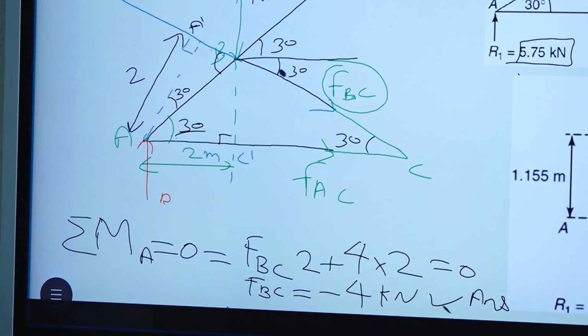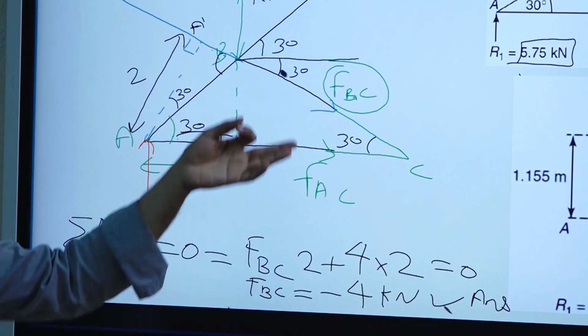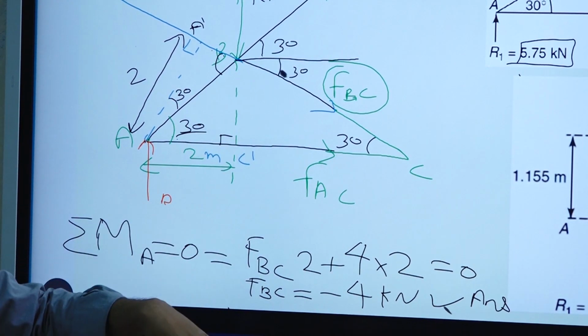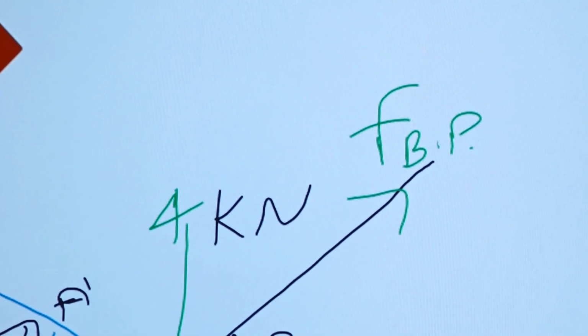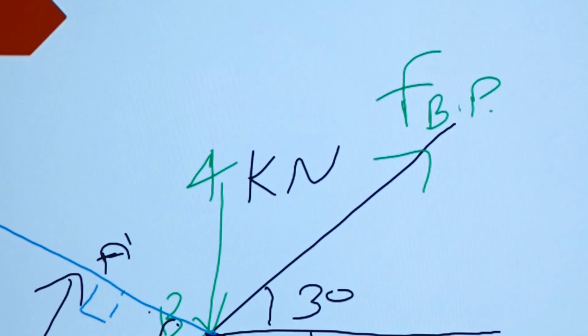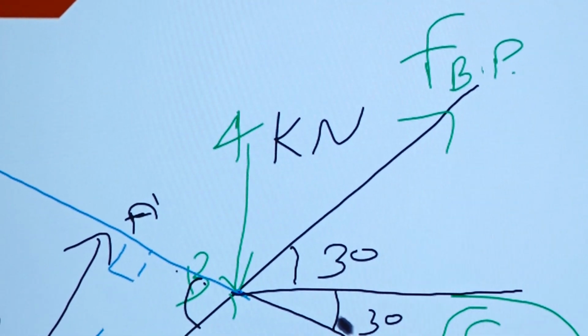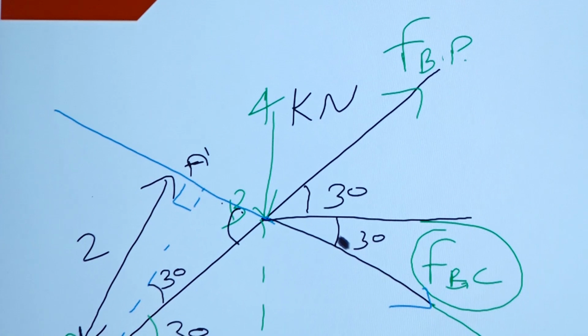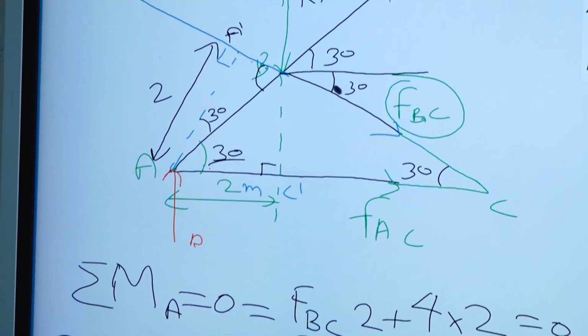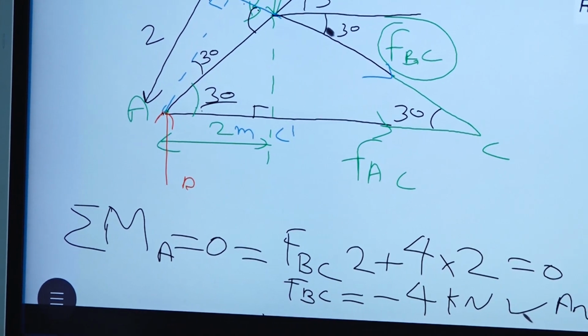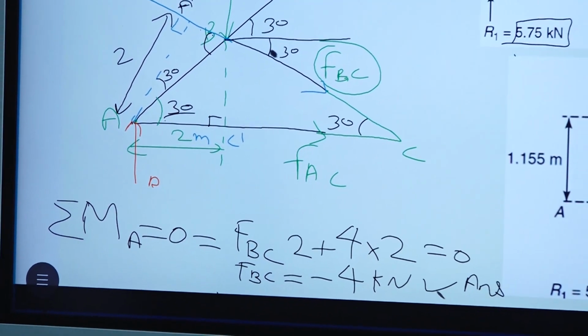For engineering, you can say it is only a truss that comes from engineering, but the mathematical formulation is everything 11th class or even 9th class. It is just an algebraic thing I am doing here, and with the help of that I have found the answer. FBC is equal to minus 4 kilonewton, that is the answer. So that's how we solve with the method of section.